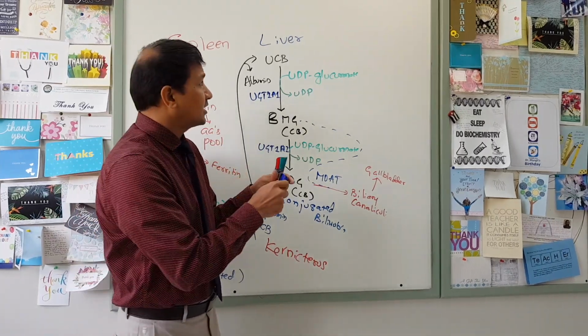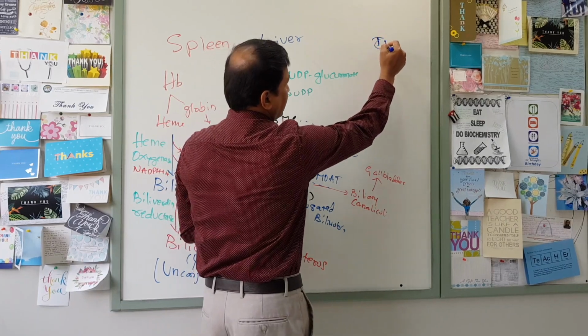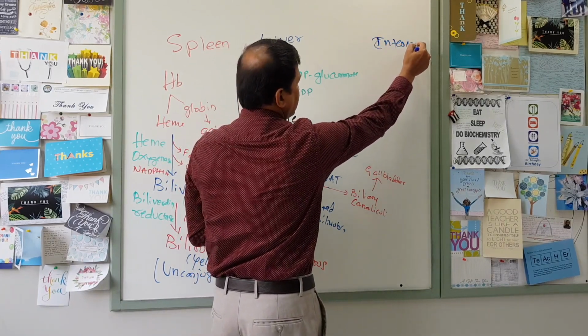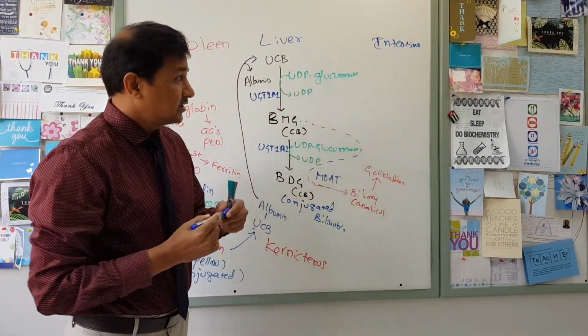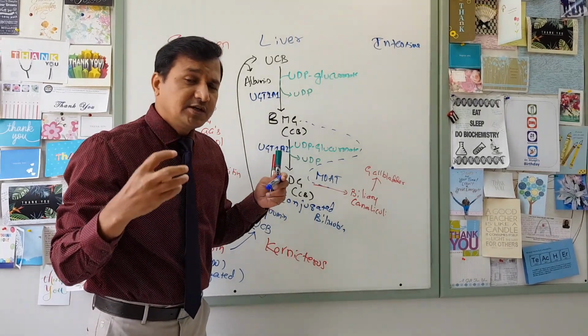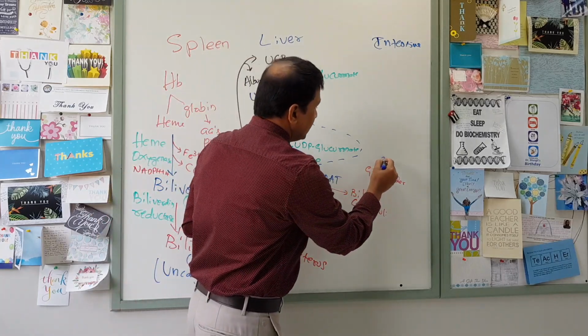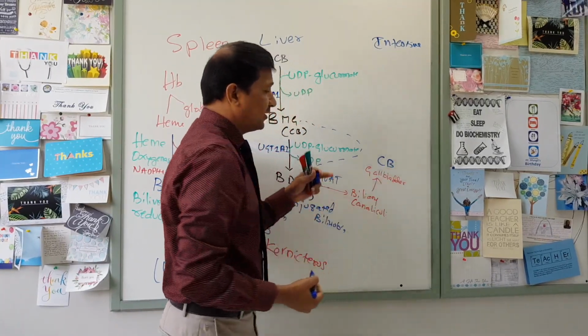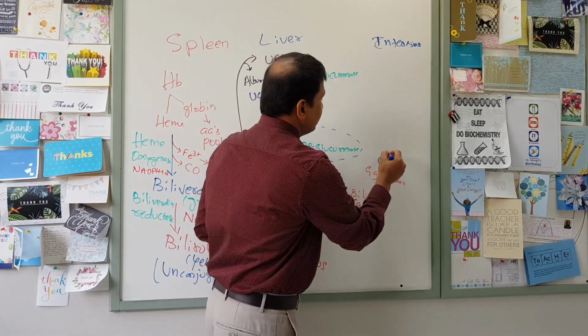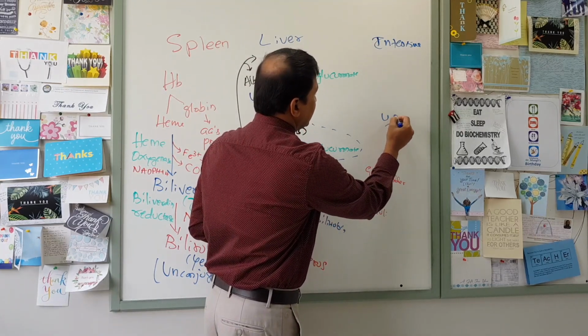So this is where the intestine comes in now. The third organ where metabolism of bilirubin is going on is the intestine, especially the terminal part of the ileum and the colon. The conjugated bilirubin that is present here, coming from the gallbladder, is converted into unconjugated bilirubin.